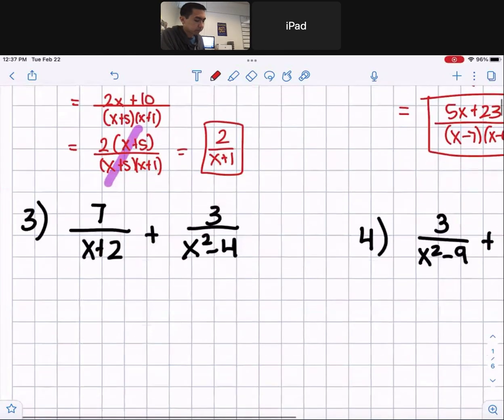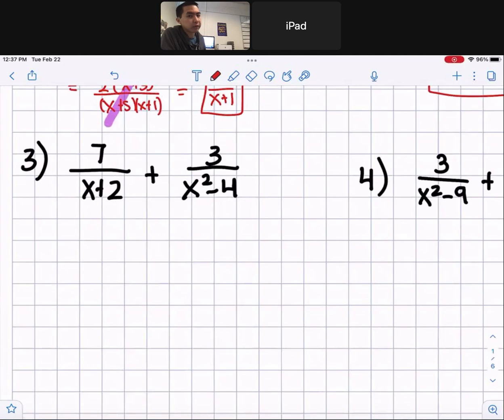But again, once you get the denominators to be the exact same, then you can add or subtract the numerators. This is only when you add or subtract fractions. So we should probably factor this to be x plus 2 times x minus 2. This is missing an x minus 2 at the bottom, so multiply top and bottom by x minus 2.